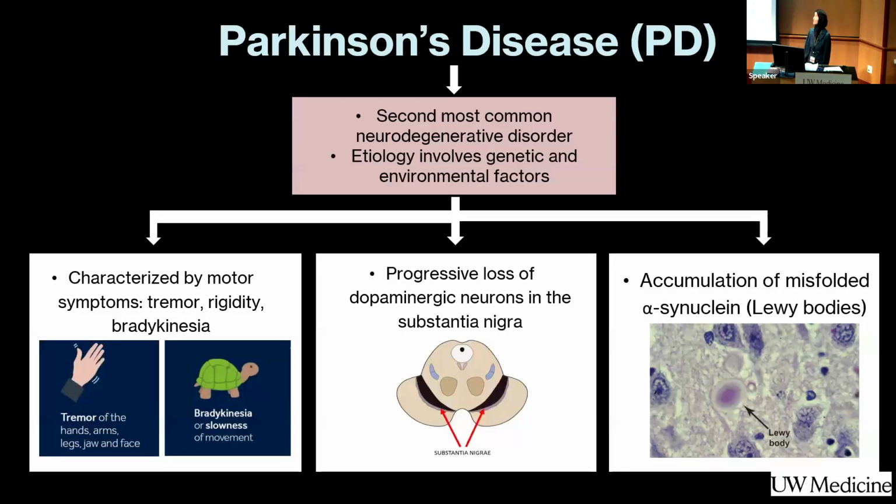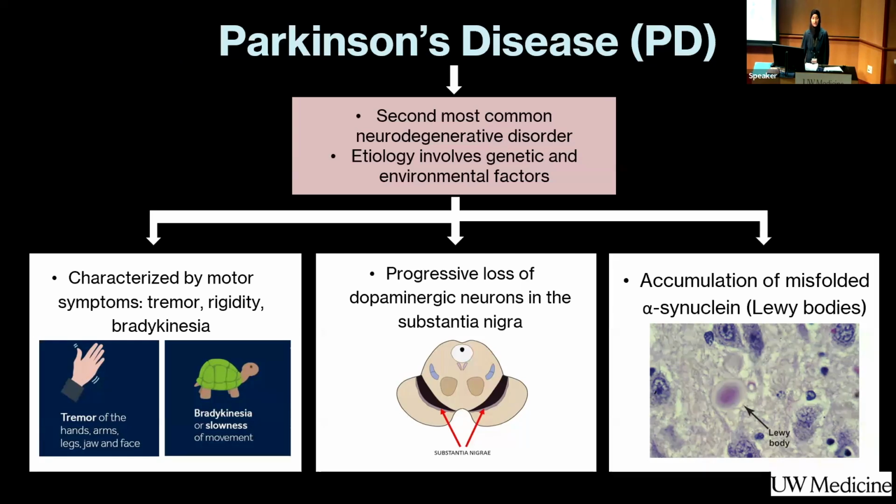As we all know, Parkinson's disease is the second most common neurodegenerative disorder after Alzheimer's, and unfortunately it affects millions of people worldwide. Some of the motor symptoms of Parkinson's disease are rigidity, tremor, and slowness of movement.